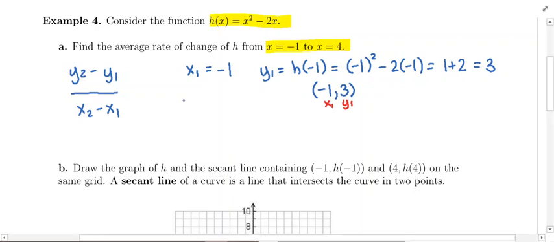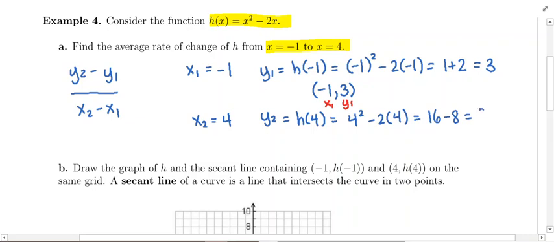All right, so we need the other ordered pair. We're going to get it in the same way. The other x value we've been given is x2, which is 4. So to get its corresponding y value, we need to plug 4 into the function. So y2 is going to be h of 4, which is going to be 4 squared minus 2 times 4. That's going to be 16 minus 8, which is 8.